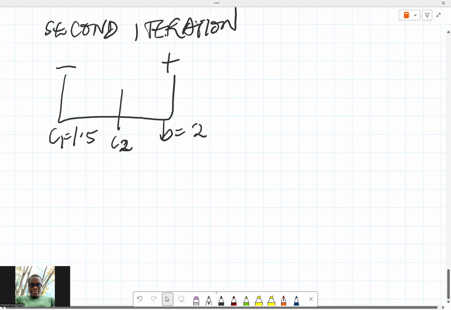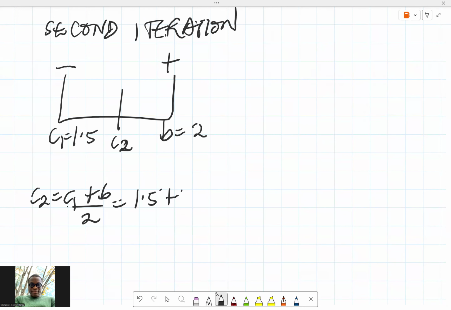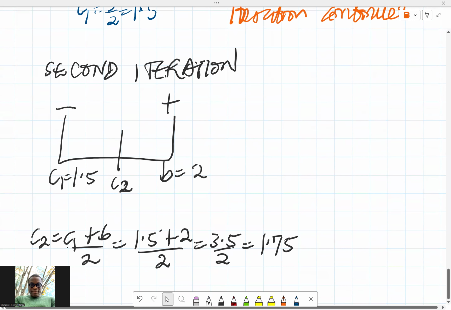How do we get C2? C2 is simply C1 plus B all over 2. That is 1.5 plus 2 divided by 2, so that is 3.5 divided by 2, which is 1.75. Now that you have 1.75, we come up here again and find f of C2.